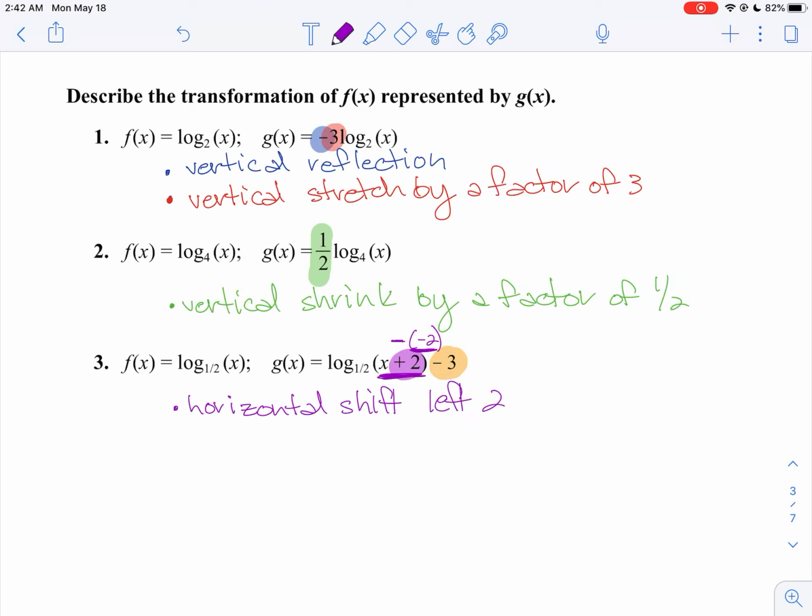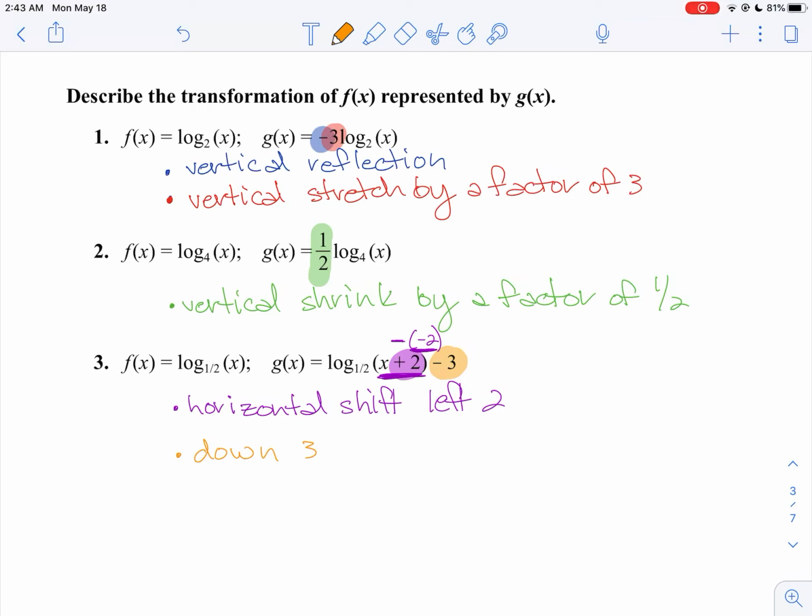You could just say moves left 2, that's fine. And then that outside number 3 is going to move my graph down 3 because it's in the K spot, it's less than 0. It does what it looks like it's going to do when it's on the outside. So it moves the graph down 3, like it looks like a -3.